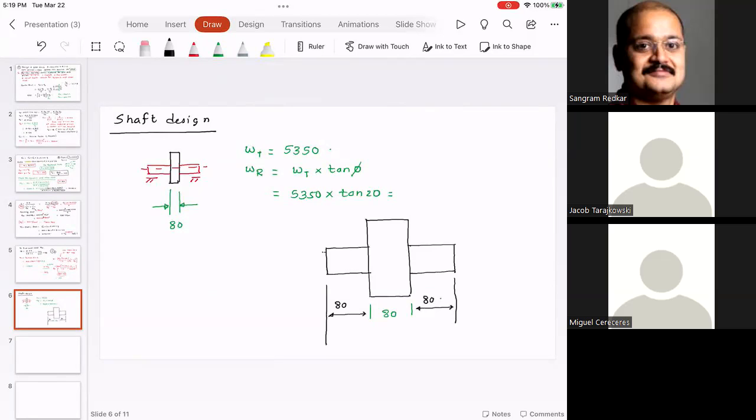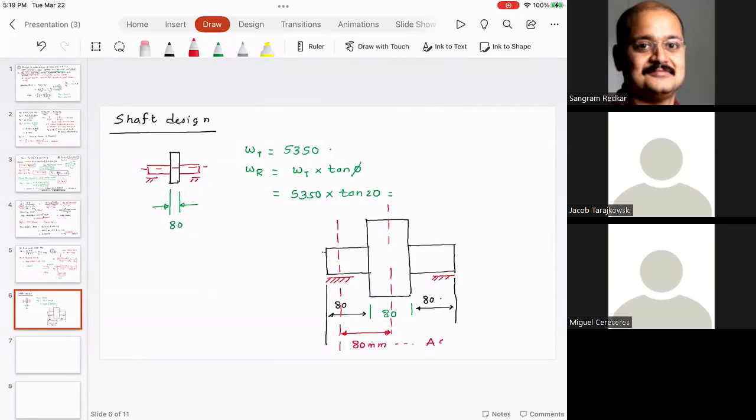What I'm going to say is the bearing location is here. And the distance from here to the bearing location I'm going to assume to be 80.